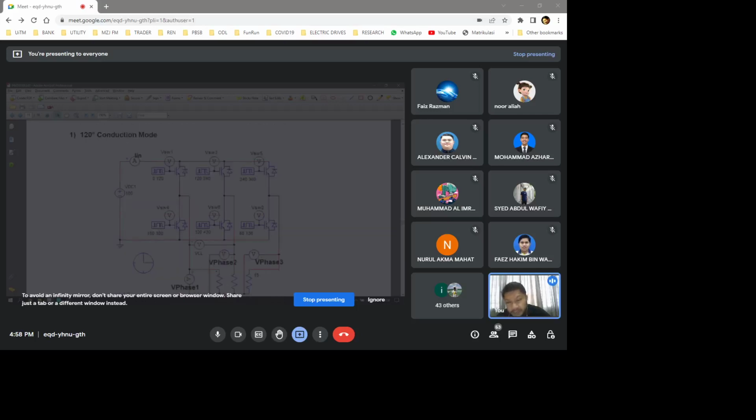So 120-degree conduction mode. Look at the arrangement of the switching device, and it is always labeled as S1, S3, S5, S2, S4, S6. You must follow that arrangement or labeling of the device, because this is closely related to the control signals.